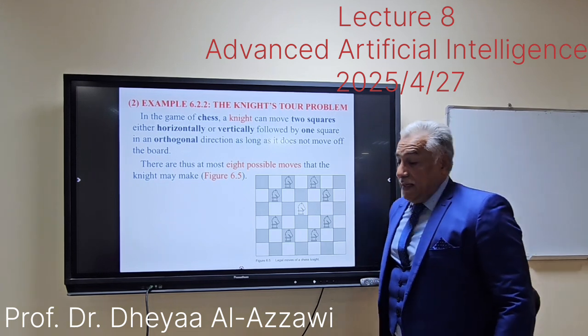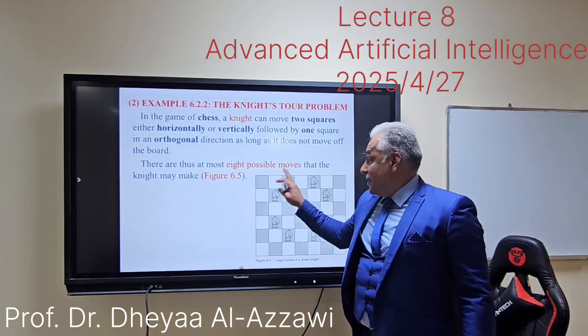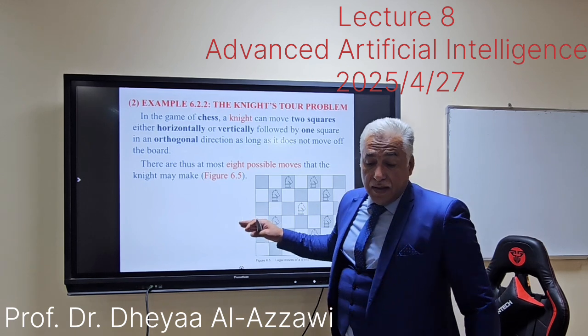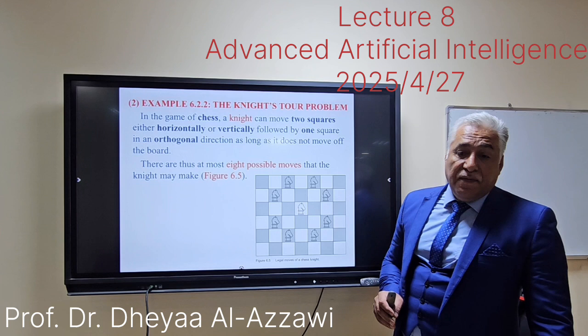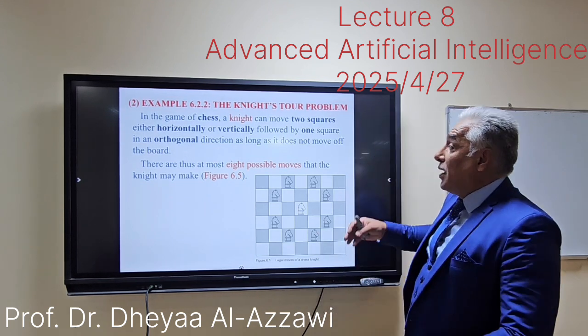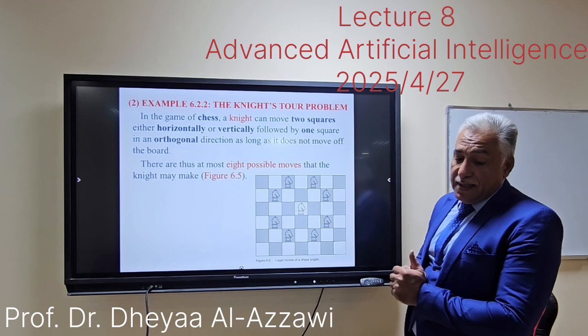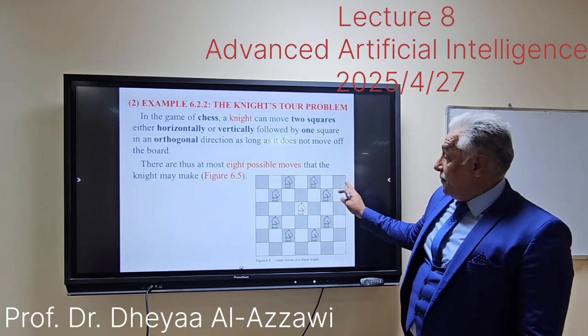In this game of chess, the knight can move two squares either horizontally or vertically, then one square in an orthogonal direction, as long as it does not move off the board.